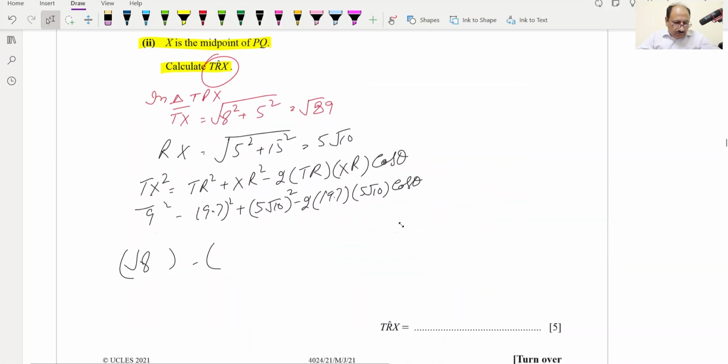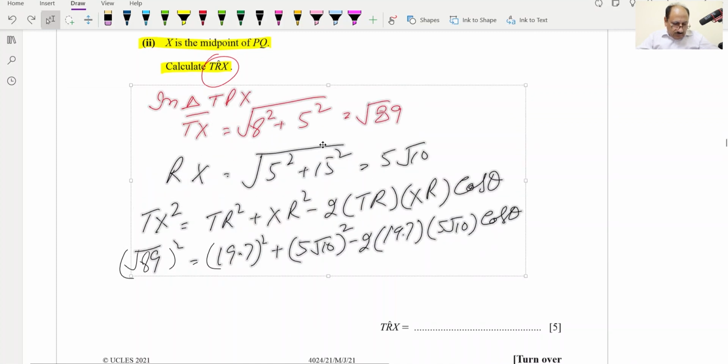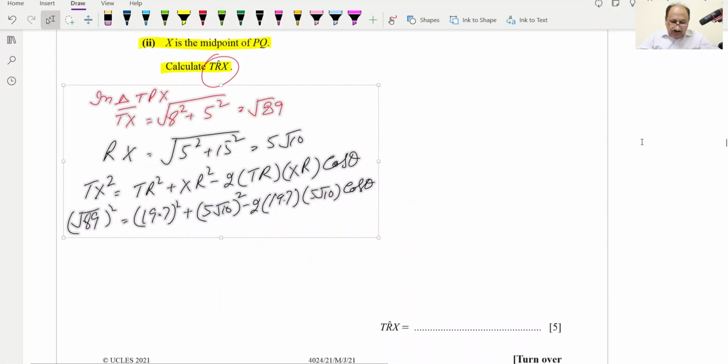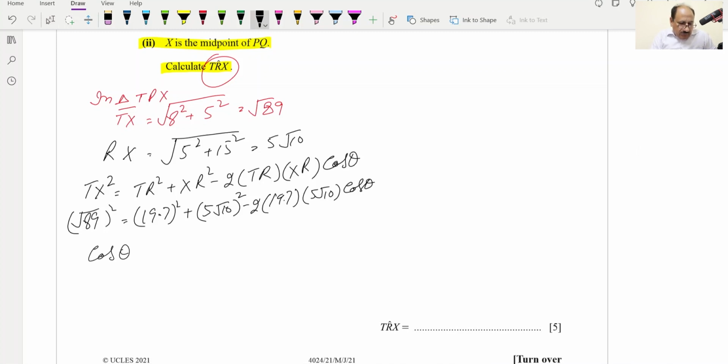Cos theta will be equal to root 89 squared, which is 89, minus 19.7 squared minus 5 root 10 squared, divided by minus 2 into 19.7 into 5 root 10.